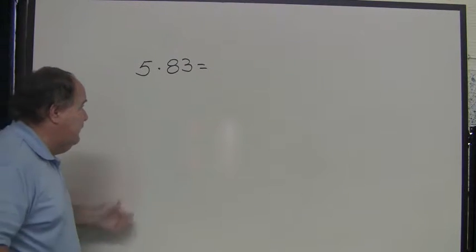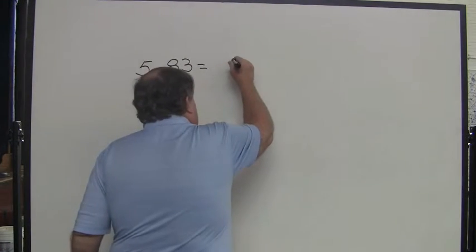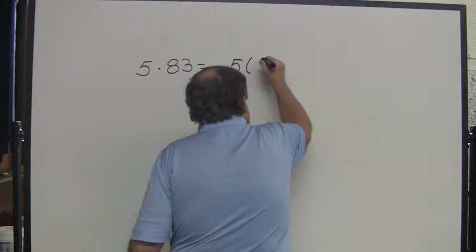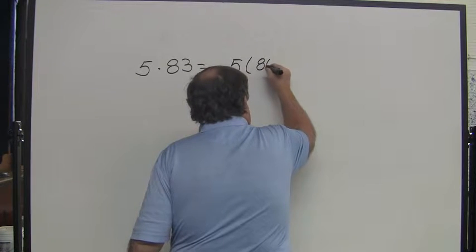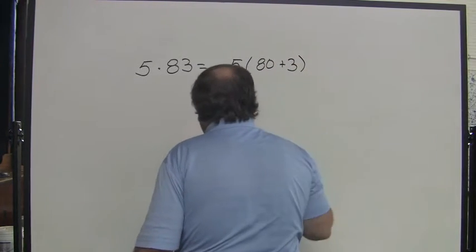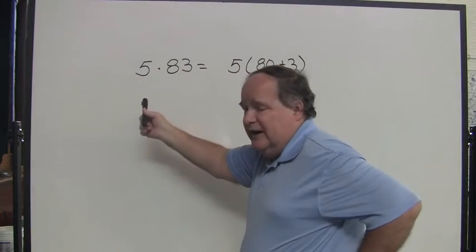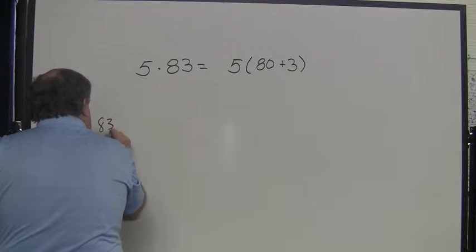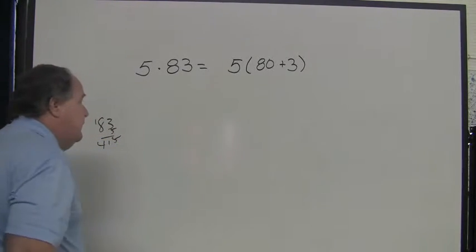I'm multiplying by 5, so let me put my 5 out here. And inside, to make it easy, I'm going to put an 80 plus a 3. That makes it 83. Now you can see I'd probably have to use a calculator to do 83 times 5.